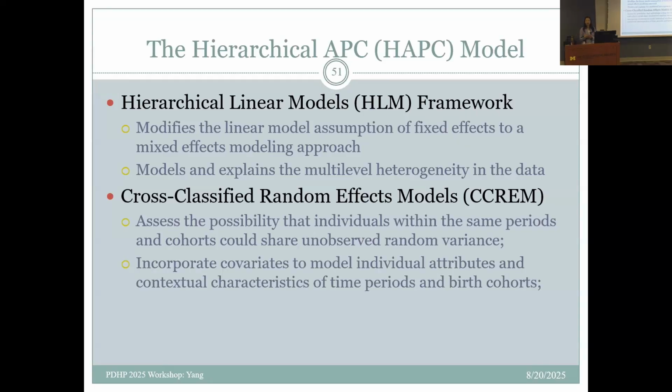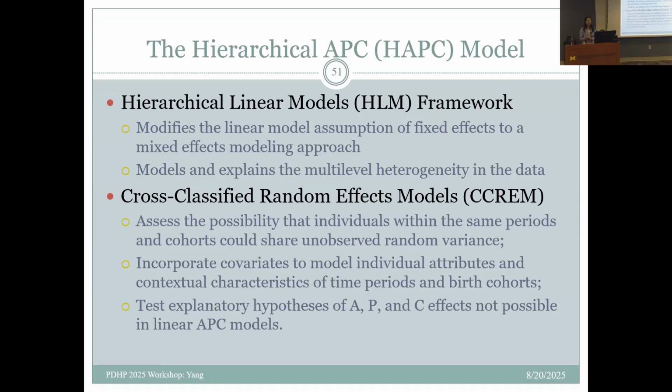And it can also very flexibly incorporate covariates to model the effects of individual level attributes as well as contextual characteristics of time periods and birth cohorts on the outcome. Therefore it can allow us to test explanatory hypotheses of A, P, and C effects not possible in linear models.